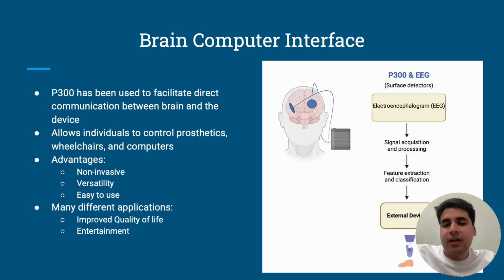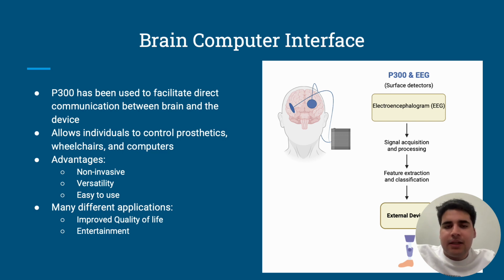While there are many different types of brain computer interfaces, the P300 has many key advantages. The first one, and perhaps the most important one, is that it is non-invasive, because some technologies actually use invasive surgeries to implement electrodes, which is something that many participants are hesitant to do.